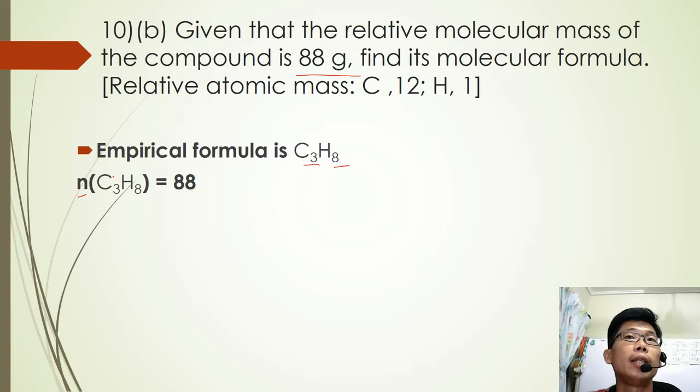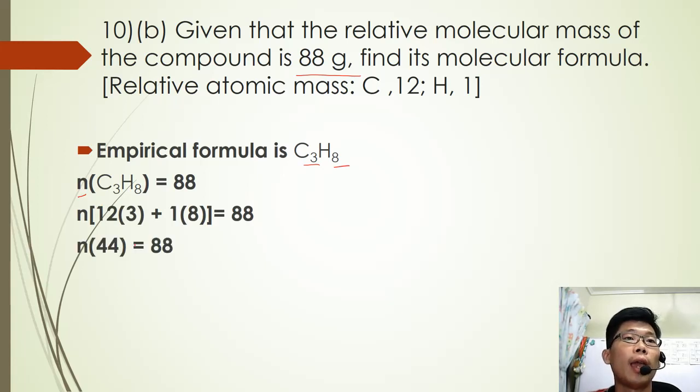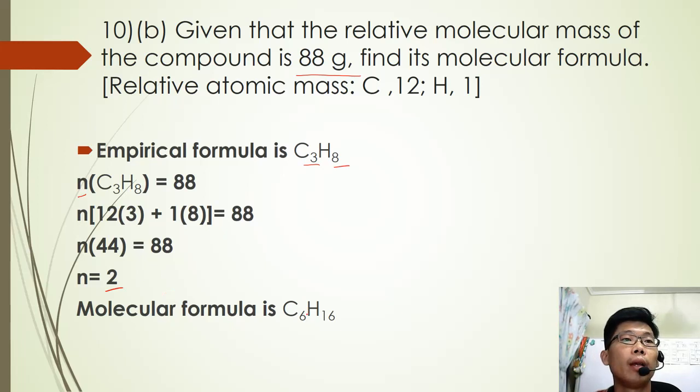We replace the relative atomic masses to find n, and we get n equals 2. In other words, we multiply the empirical formula by 2, so we get the molecular formula as C₆H16.